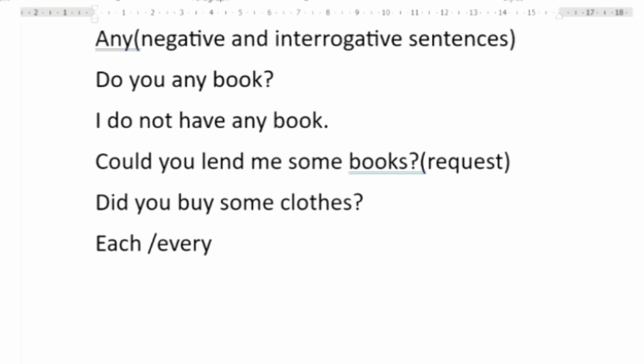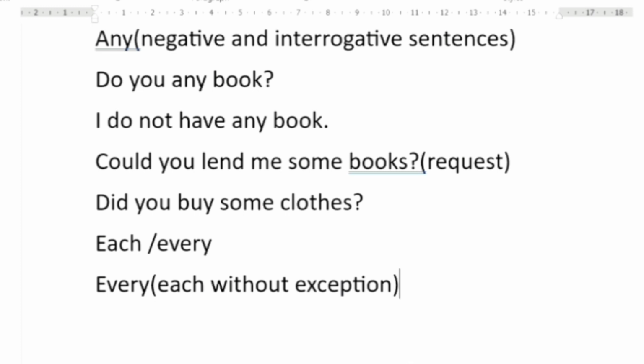Every means each without exception. It includes all. So their meaning and usage are the same, but every is a stronger word.